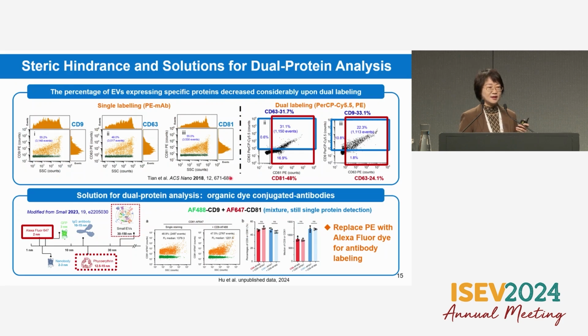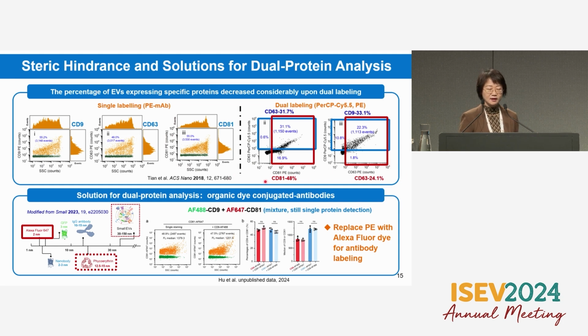But consider the small size of EVs. Mostly the median size is around 70 to 100 nanometer. If you do double protein labeling, the statistical hindrance would pose a great challenge.